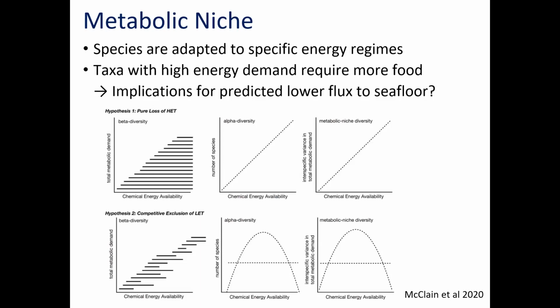They talk about how niche diversity should mirror what we see in terms of alpha diversity, or species diversity, along that line. The other hypothesis is that there'll be competitive exclusion of the lower energy taxa. In this bottom example, the low energy taxa are only found in low energy environments because they've been excluded in all other settings by the high energy demand taxa.